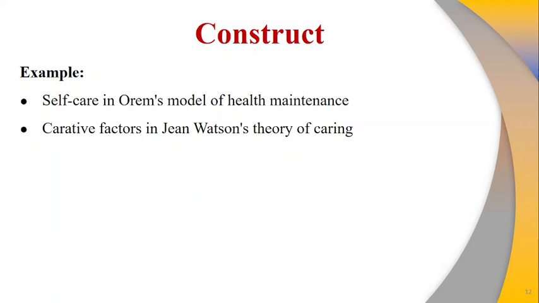That word is an invented or created word, and it is multidimensional. It is a higher level of abstraction, so we can say that word is a construct in a nursing theory. This is the knowledge we should have related to concept and construct.